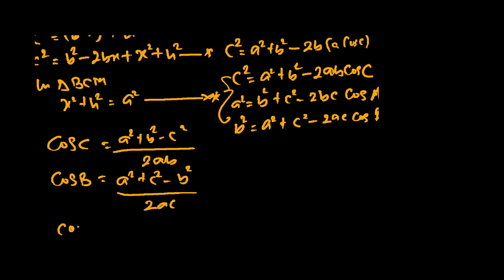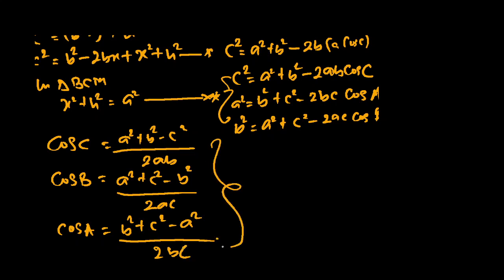And cos of a is going to become b square plus c square minus a square divided by 2bc. So these are useful equations under what we refer to as sine and cosine rule.